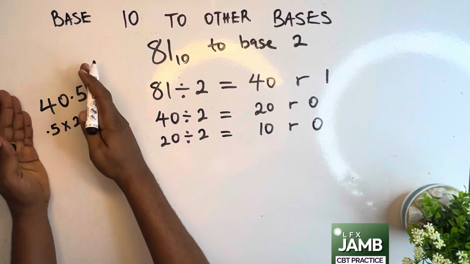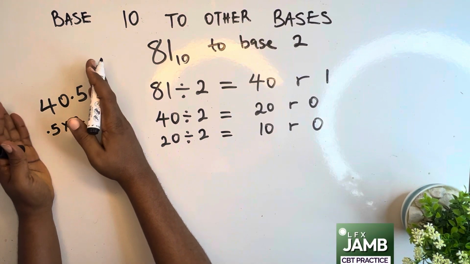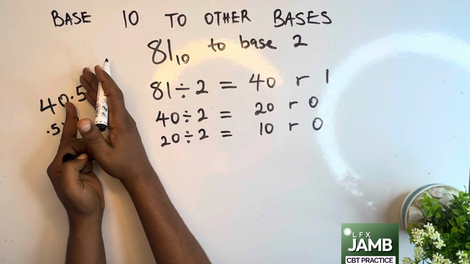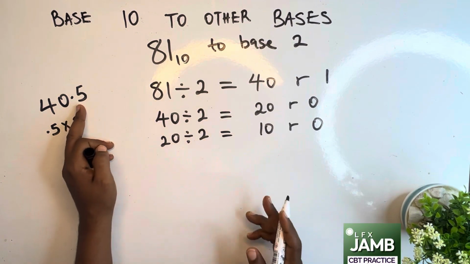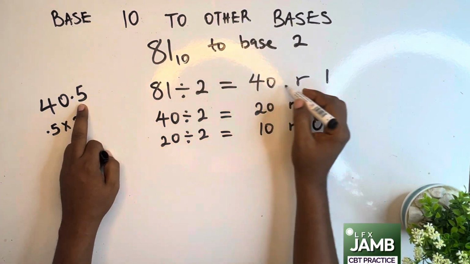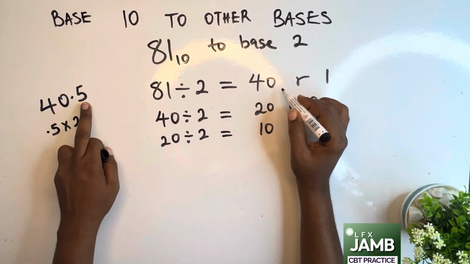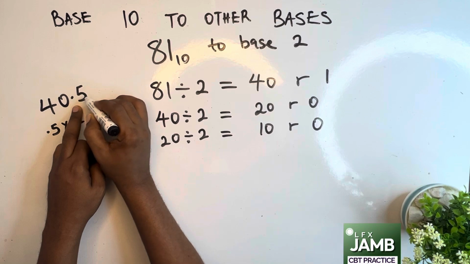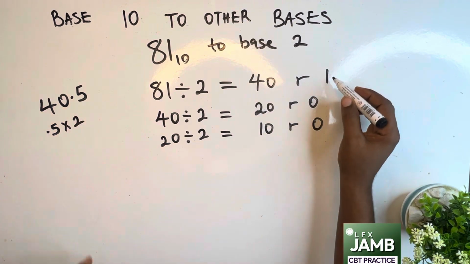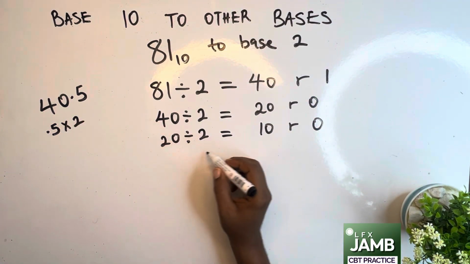So when the remainder is not 0, we multiply the decimal part by the base we are converting to. So since we got 40.5 and we are converting to base 2, we multiply 0.5 by 2 to get the remainder. So we'll continue.